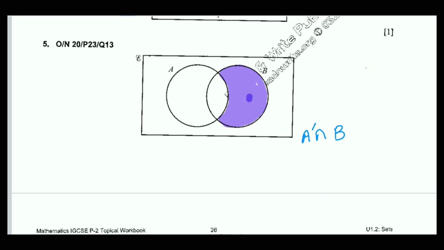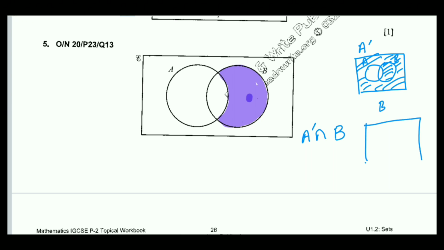Like, look at this. If you say that this is A complement, A, B, how will we shade A complement? The A complement part will be shaded, not A. So this is A complement. Now how to shade the B part? The B part will be shaded.